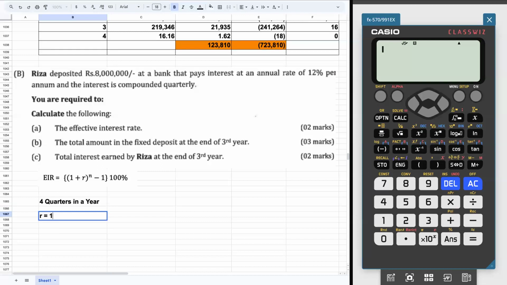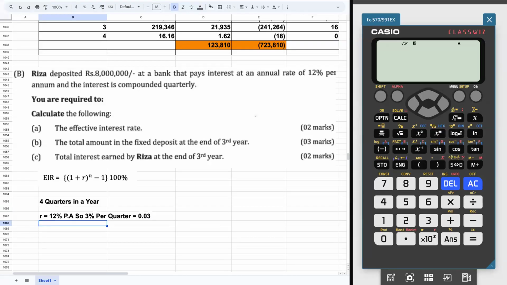So 12 percent divided by 4, because 12 percent is per annum, gives 3 percent per quarter. So at the end of the year we get the 12 percent. So it means 0.03 is the R.